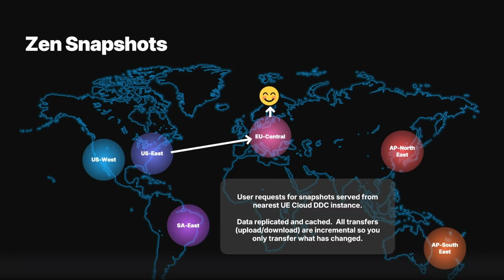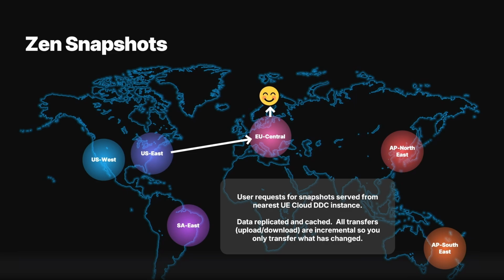A user in another regional location can be talking to the Unreal Cloud DDC server in their region. In this example, a user in Europe could be talking to the Europe Unreal Cloud DDC server, request that snapshot. Behind the scenes, the Europe Unreal Cloud DDC server is fetching whatever it doesn't already have from the US East server and sending the result back to the user who requested it.